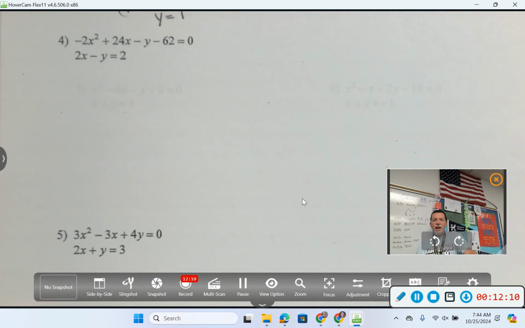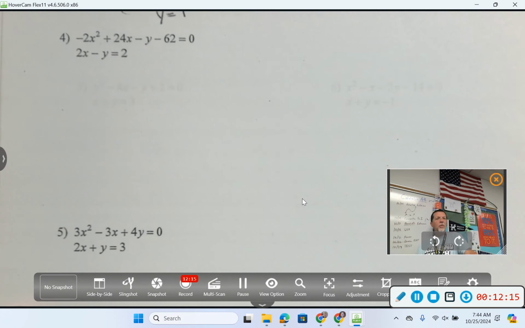Number 4. So I need to pick an equation and then pick a variable. Which equation would you like to solve first? The second one. That's the easy question. Now, which would you like to solve for? Solve for y. I'd like to solve for y as well.